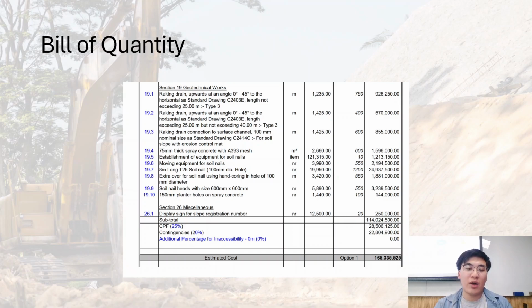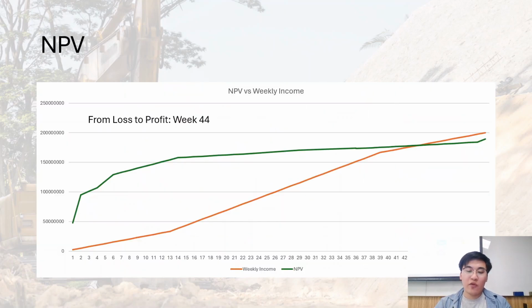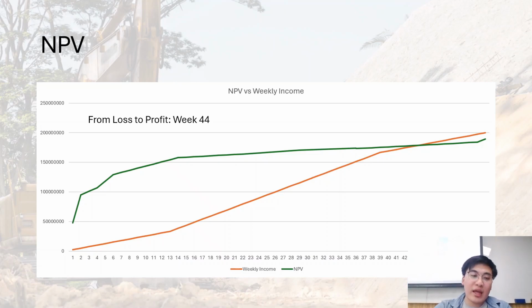After that, we need to install a display sign for the slope registration number. The total cost of the whole contract is about 165 million, including all the contingency and other fees. For comparing the NPV and the weekly income, we assume a 200 million income throughout the whole year, and we are going to change from loss to profit in week 44.